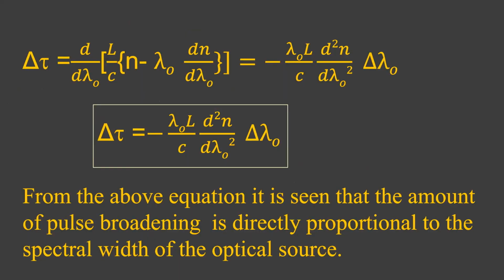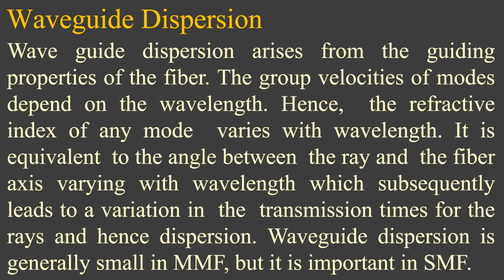So this is the expression for time delay due to material dispersion and also due to the optical source. And waveguide dispersion, another type of dispersion, is there. It is called the waveguide dispersion. So waveguide dispersion arises from the guiding properties of the fiber.